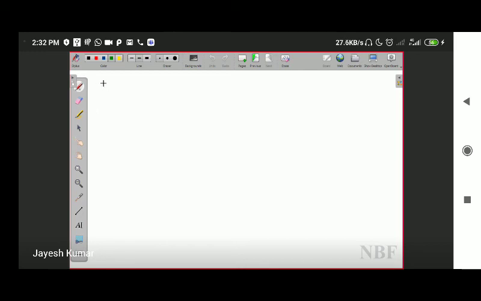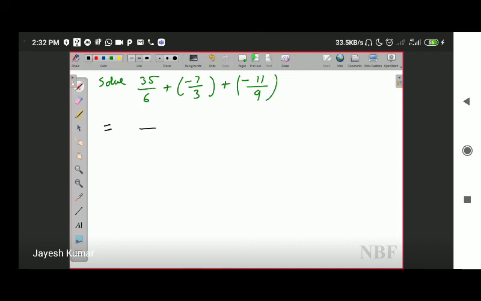Okay. Final question is solve 35 upon 6 plus minus 7 upon 3 plus minus 11 upon 9. I'm going to do this one a bit quickly. I'm taking directly the LCM, that is 18. I suppose you can find it by yourself, but I'm taking the LCM directly, that is 18.